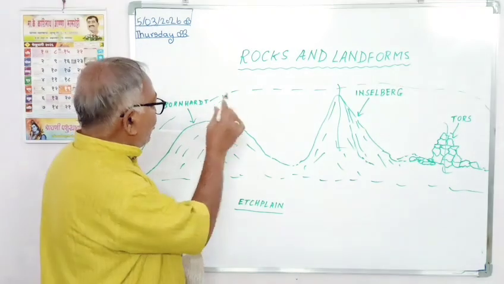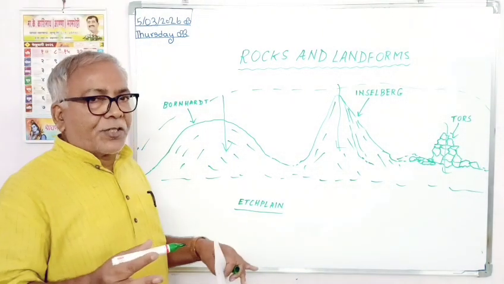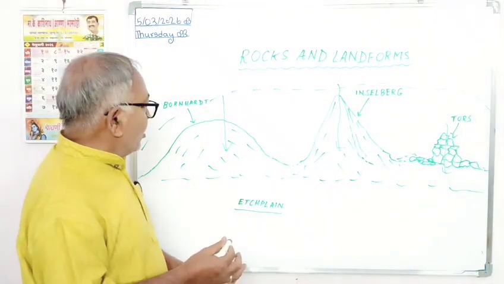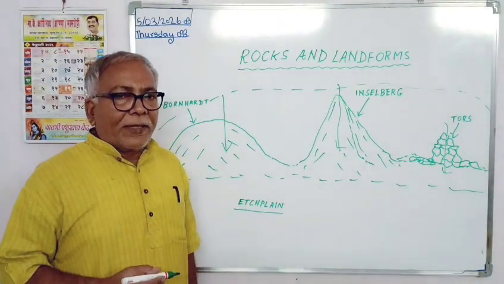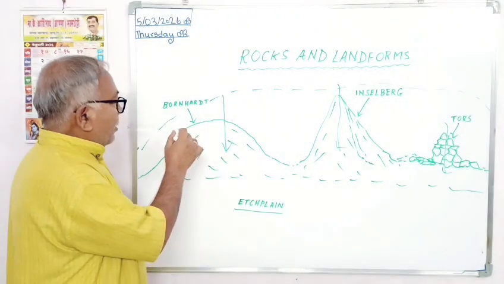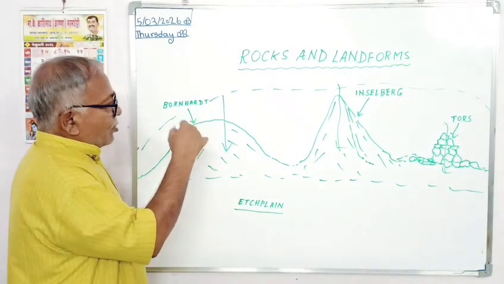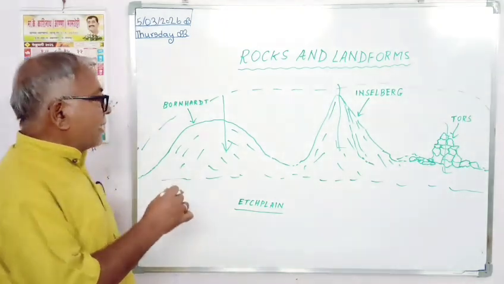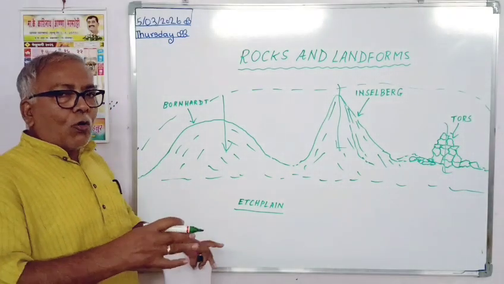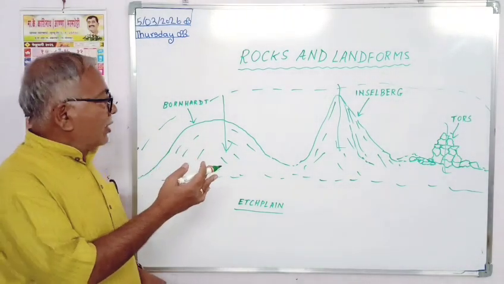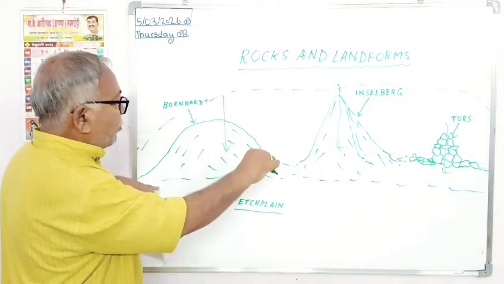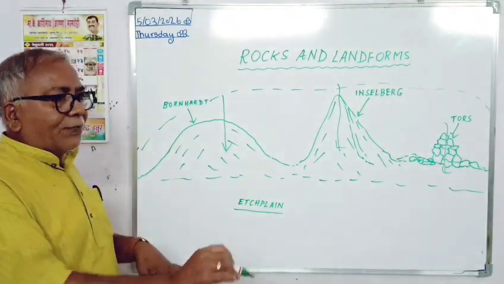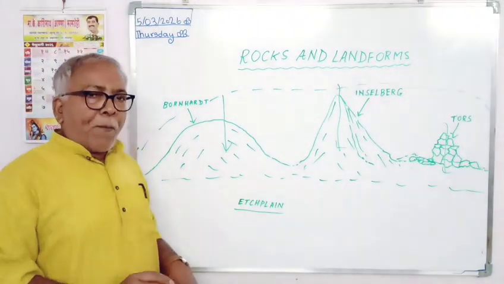Because of the production of joints and cracks and the exfoliation weathering process, where maximum concentration took place in that area, the granitic core rocks were exposed, and the remaining residual materials were deposited in other areas in the form of pediments.